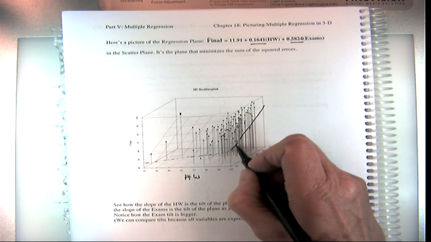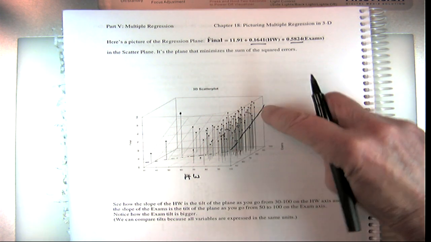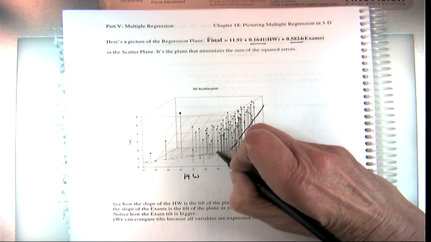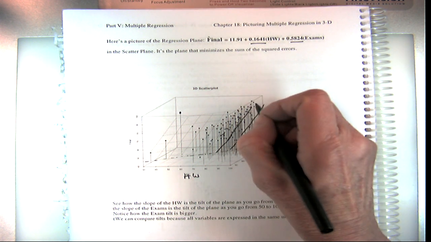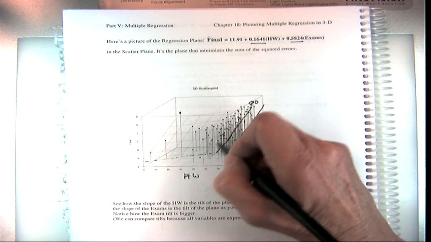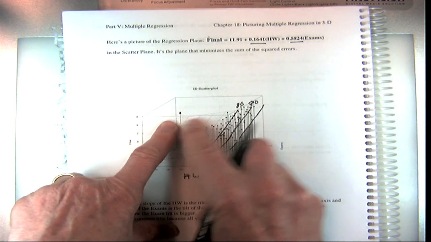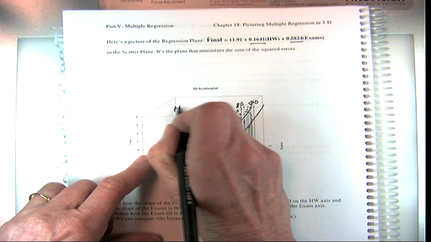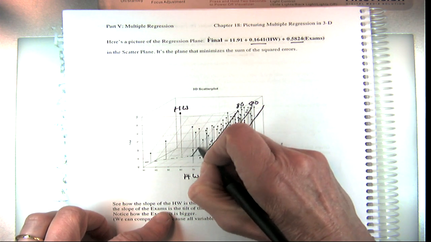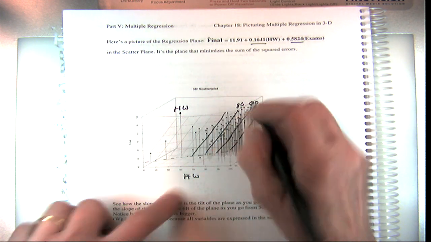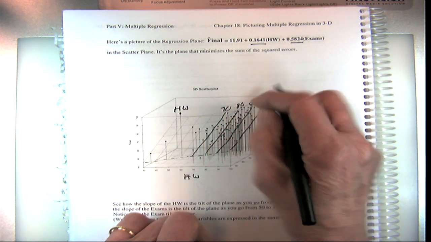So for everybody who has a homework of 100, see how this would be the effect of exams. We want everybody who has a homework of 90. This is homework of 80. See, this slight slope up is the homework because it only has a slight slope. The steep one is the effect of exams for these three groups.